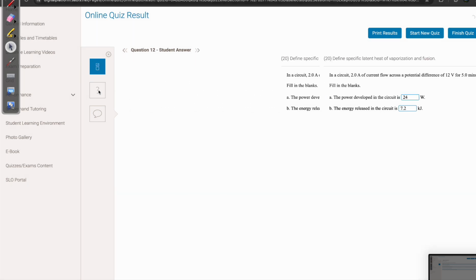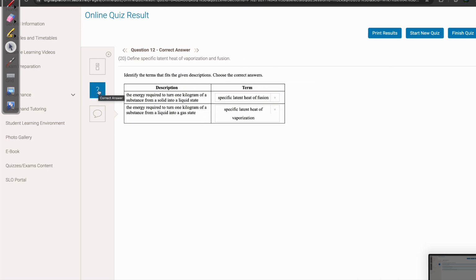Number 12. Identify the terms that fit the given descriptions. Choose the correct answers. The energy required to turn 1 kilogram of a substance from a solid into a liquid state.